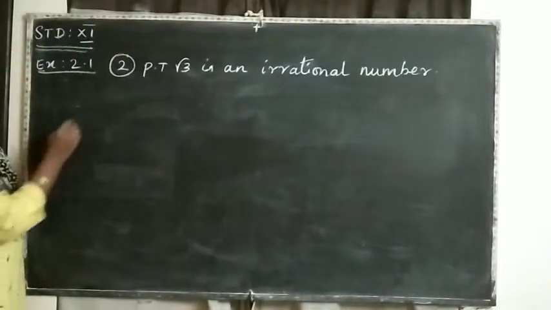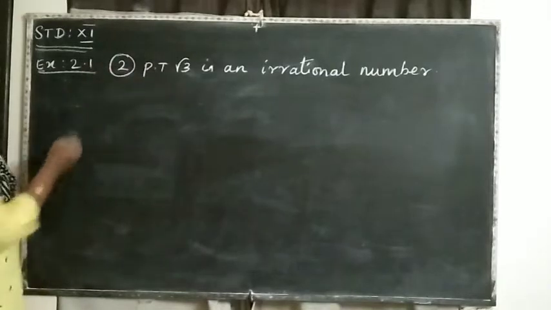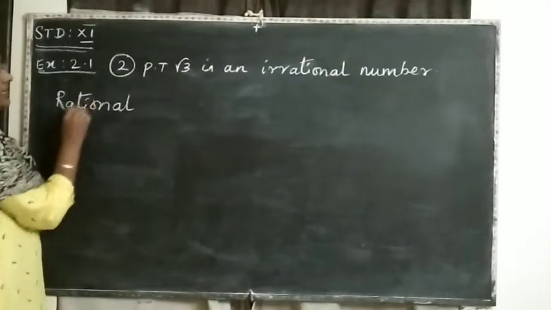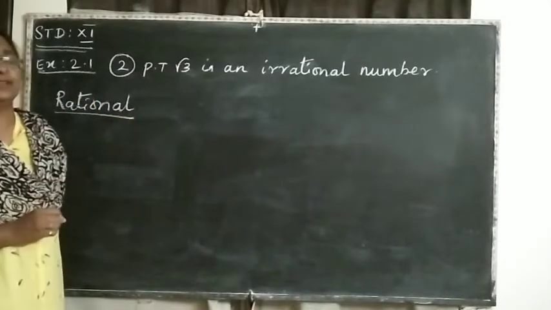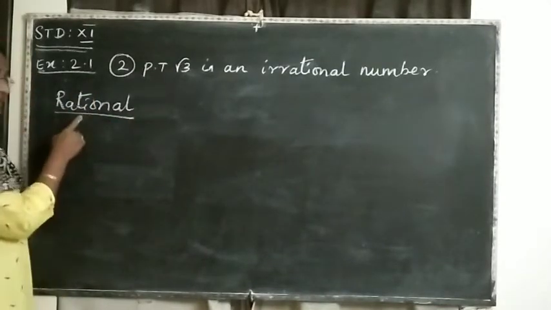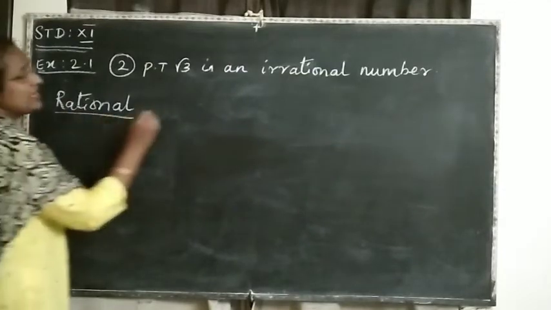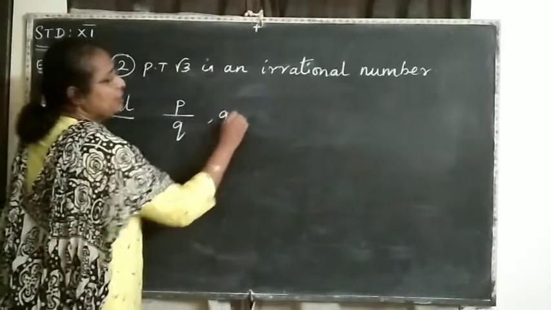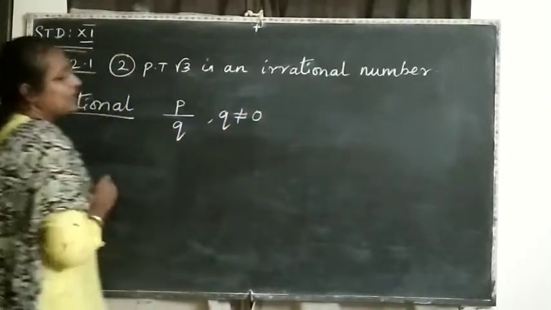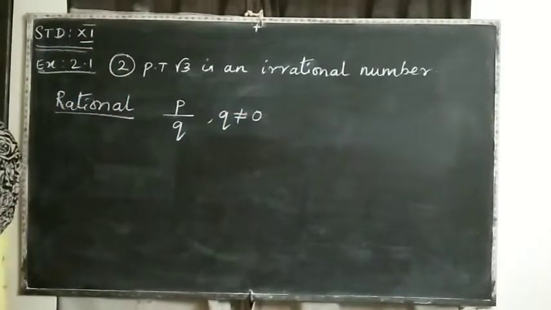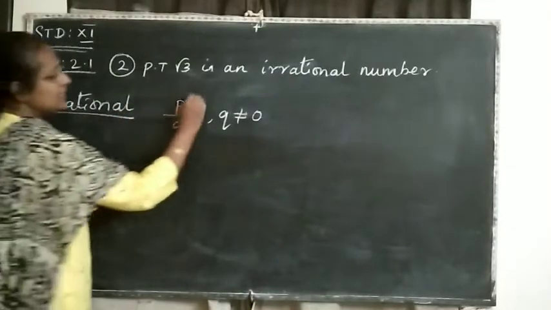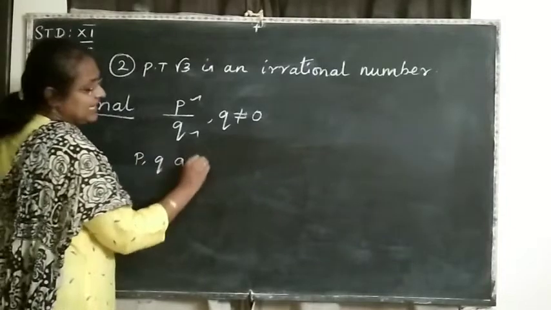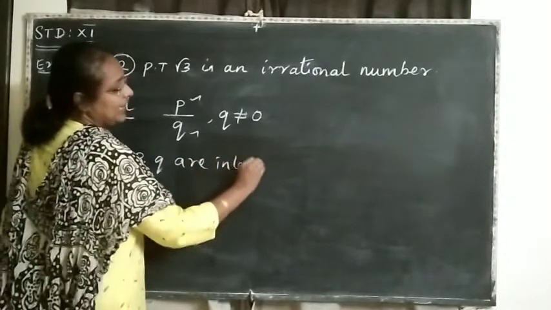Before starting this proof, you know what is meant by a rational number, which we learned in our 9th standard. Rational numbers can be expressed in the form p divided by q, where q is not equal to 0, and p and q are integers.